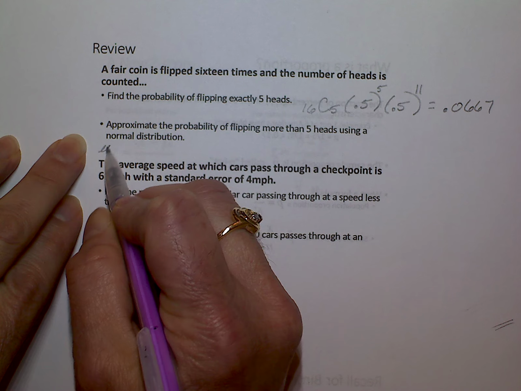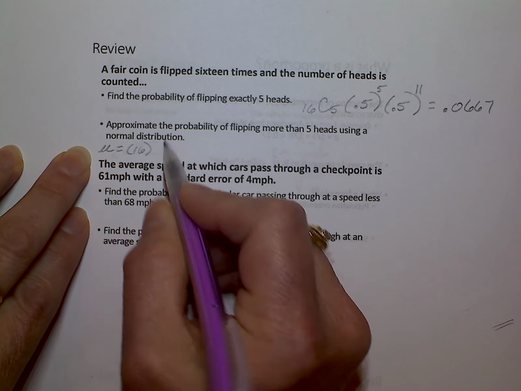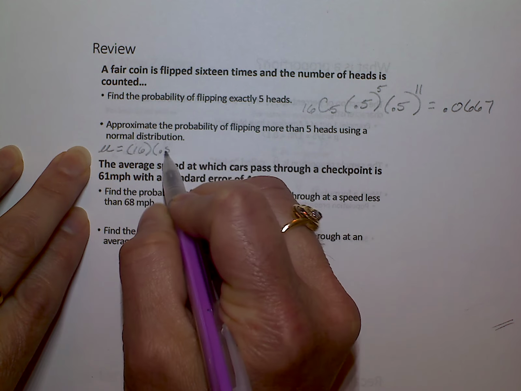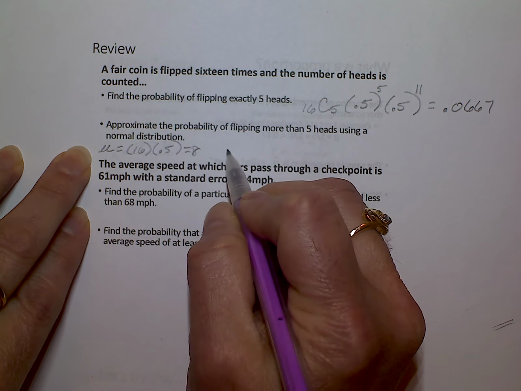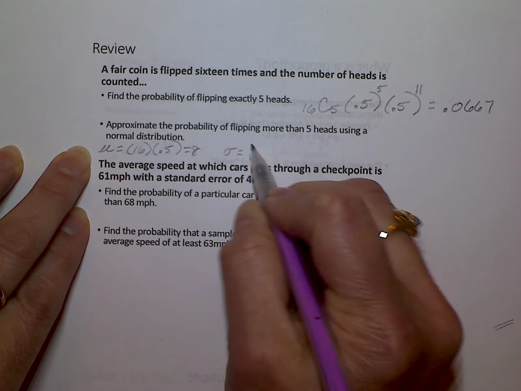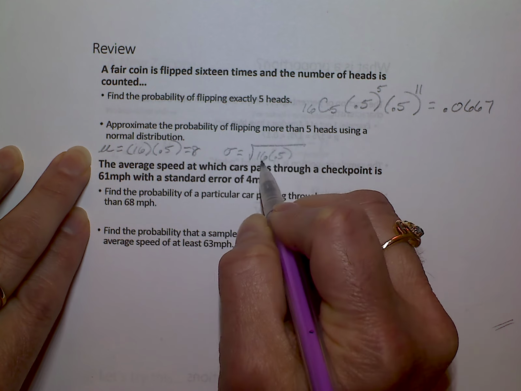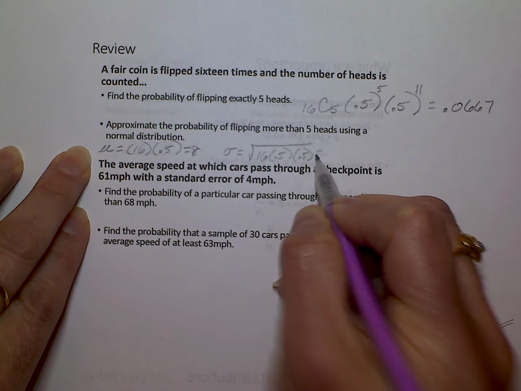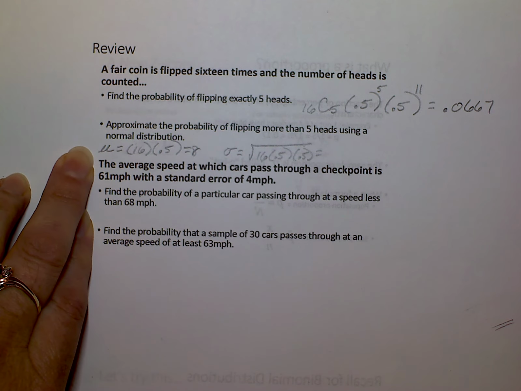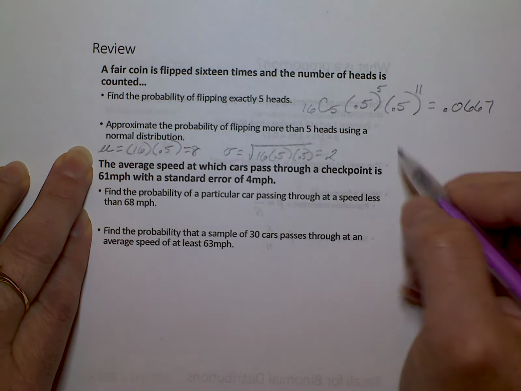Mu is np. n is 16, and the probability is 0.5. That's 8. And then we also need sigma. Sigma is the square root of npq. So n is 16 flips, p is 0.5, q is 0.5. Let's see what that is. That is 2.